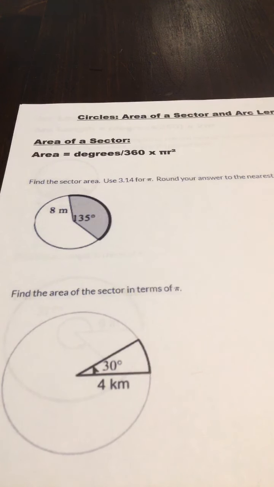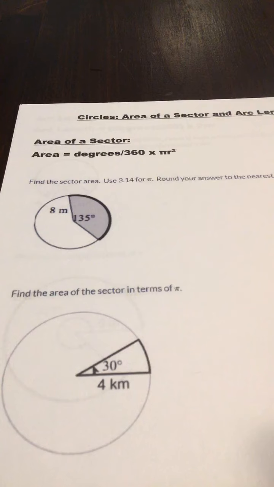To find the area of a sector, we're going to find a partial area of a circle. To find the area of the circle, we take pi r squared. But the partial area has to do with the fractional part.